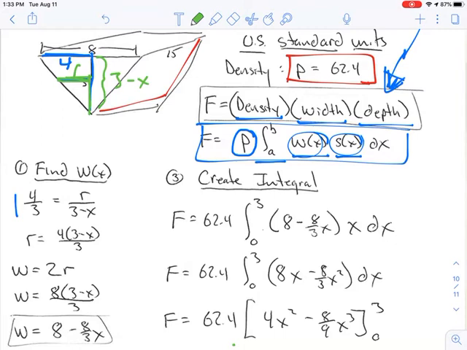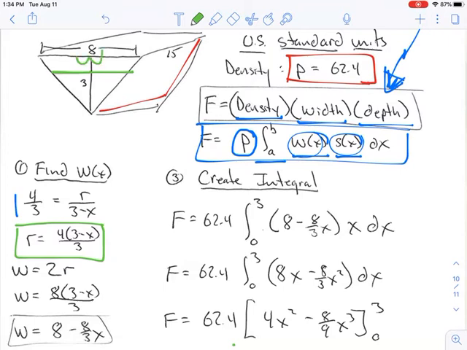All right, so think about that one. Go back to that last video if you need to figure that one out. And so solving this for r, we have r is equal to 4 times (3 minus x) over 3. Now, be careful. R is only half the width. The whole width is 2 times r. This is w.